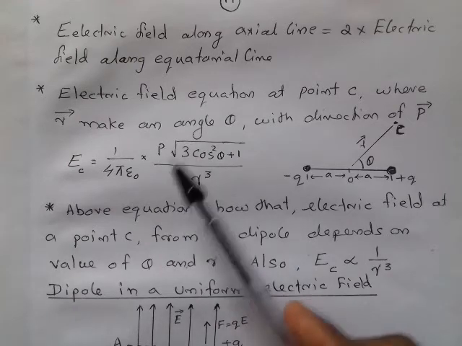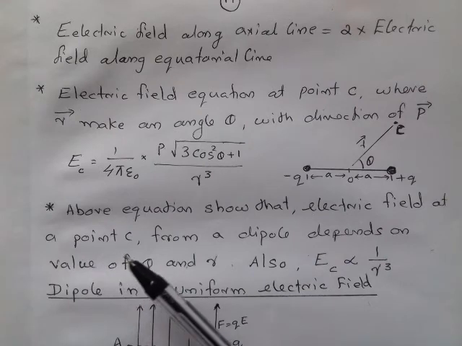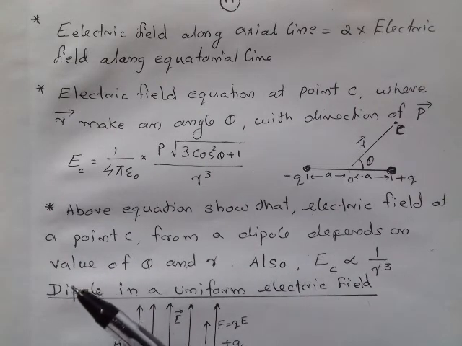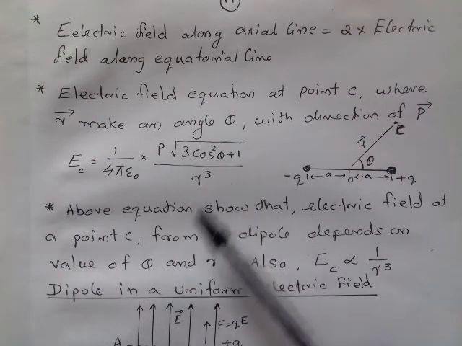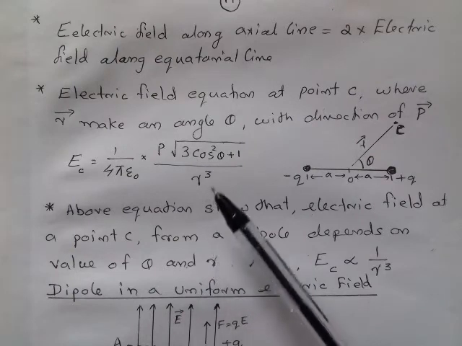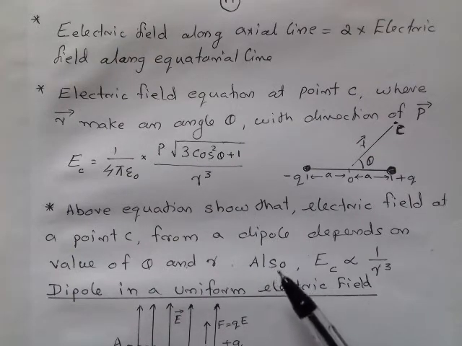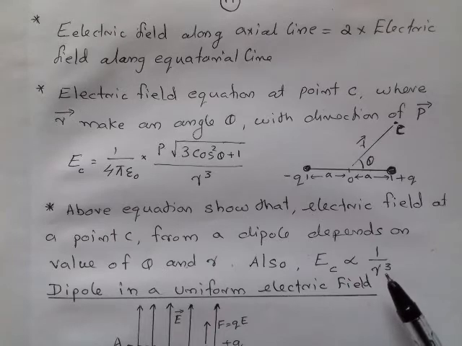So this equation shows that the electric field at the point C from a dipole depends on the value of theta and r. And also the proportionality is like this: E at C is proportional to 1 by r cube.